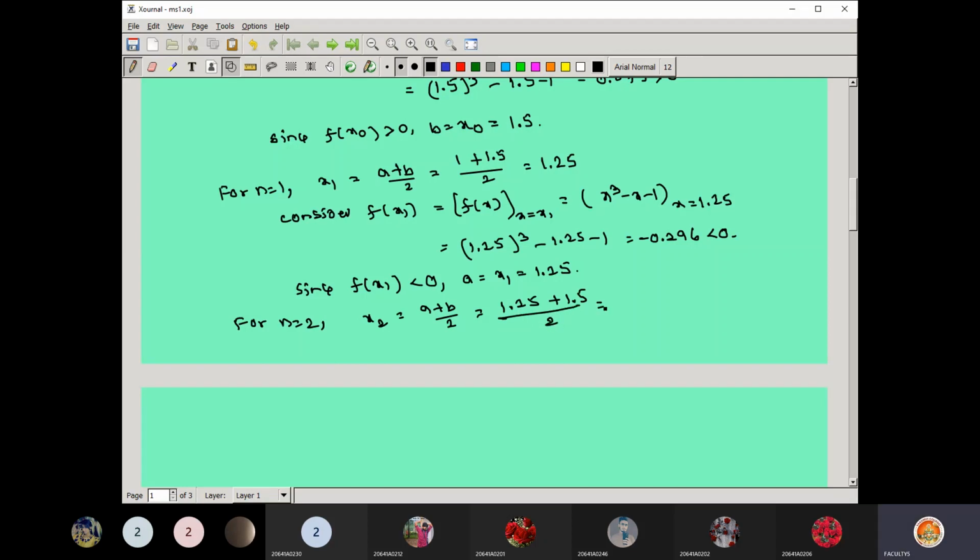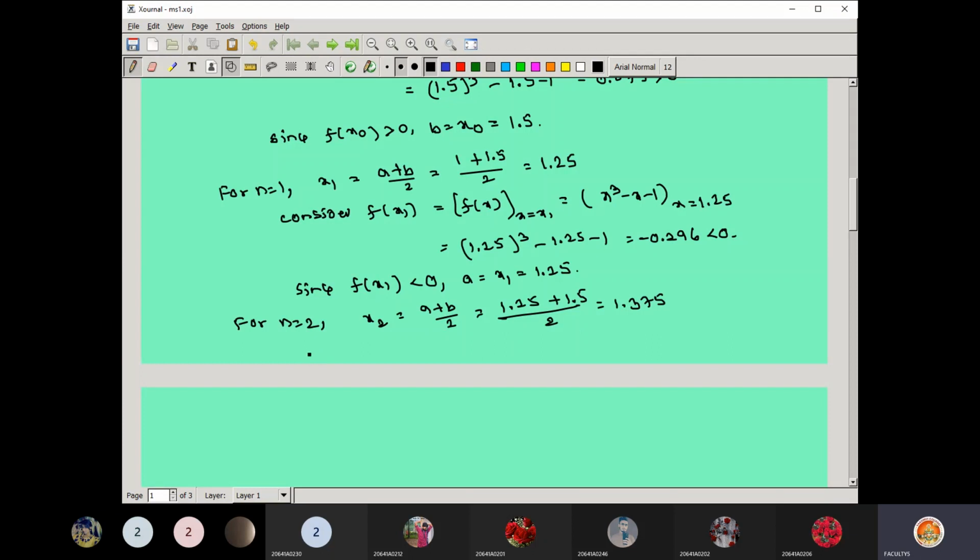So go to the answer, 1.25 plus 1.5 divided by 2. Answer is 1.375. Is it correct? 1.375, correct?